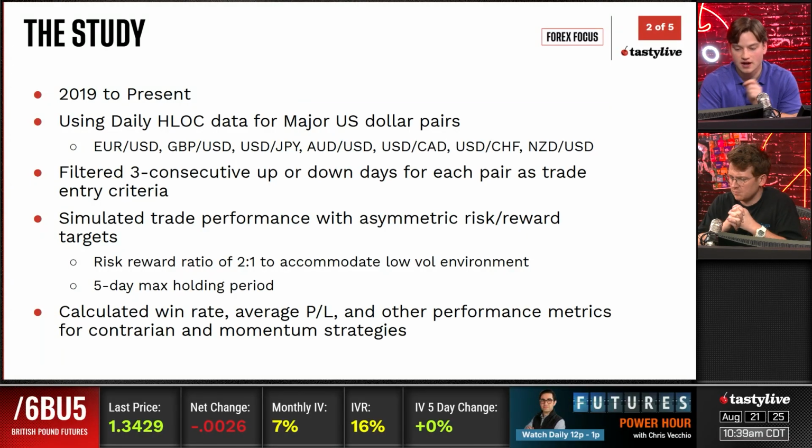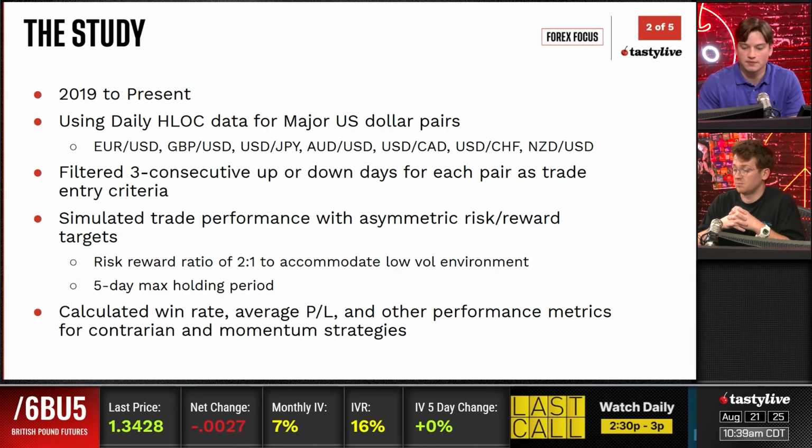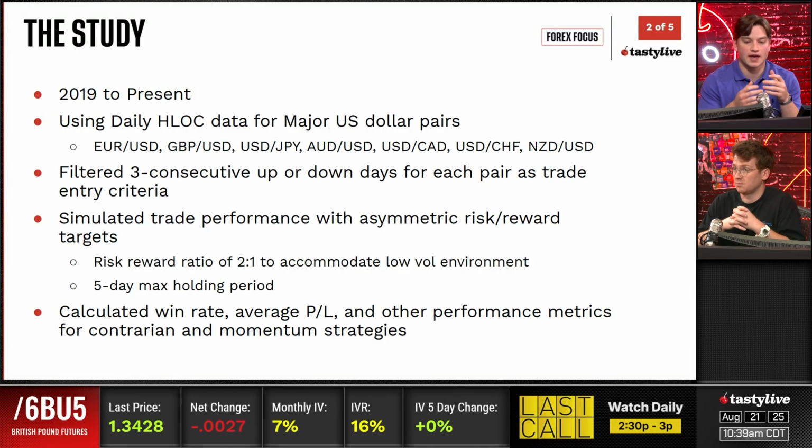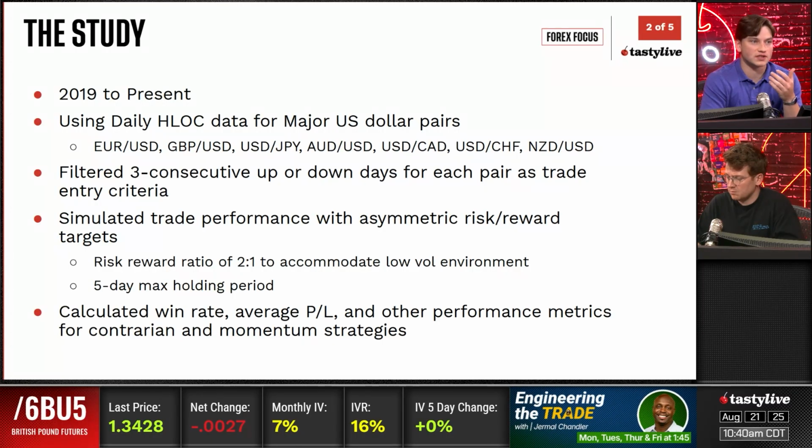And this time we used asymmetric risk reward to fit an assumption on the low volatility environment, here using a risk reward ratio of 2-to-1. So that's saying that we're looking at a smaller price target for profit and letting it run a little bit on the stop loss level, because we're looking for small profits here.